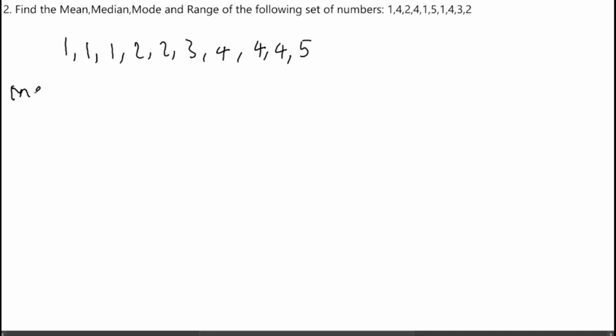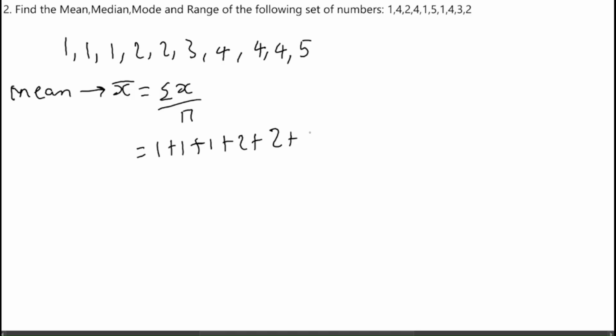So let's start by finding the mean. To find the mean of a data set, x bar will be equal to summation of x over n. Now, we're gonna add the whole data together. That is 1 plus 1 plus 1 plus 2 plus 2 plus 3 plus 4 plus 4 plus 4 and plus 5.